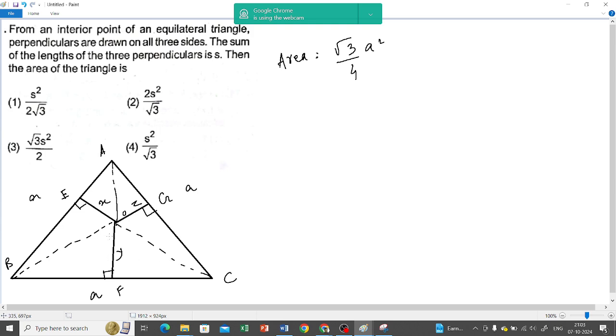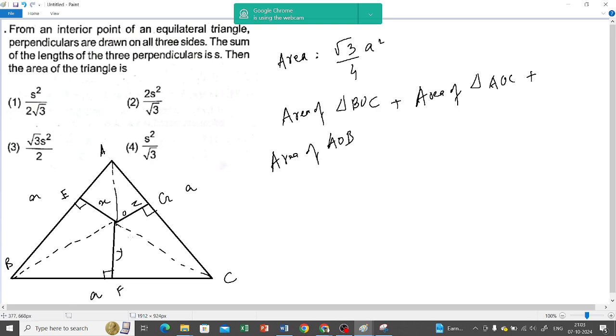Now also I can tell that if I add the area of these triangles, that means area of triangle BOC plus area of triangle AOC, plus area of triangle AOB, right? That is equals to root 3 by 4 a square. Now what is area of triangle BOC?